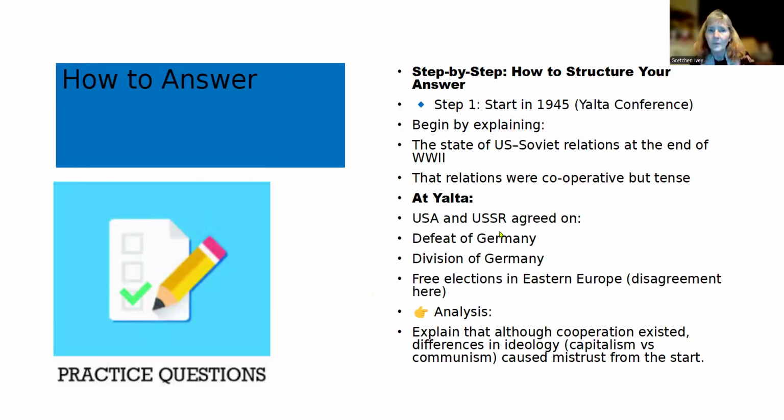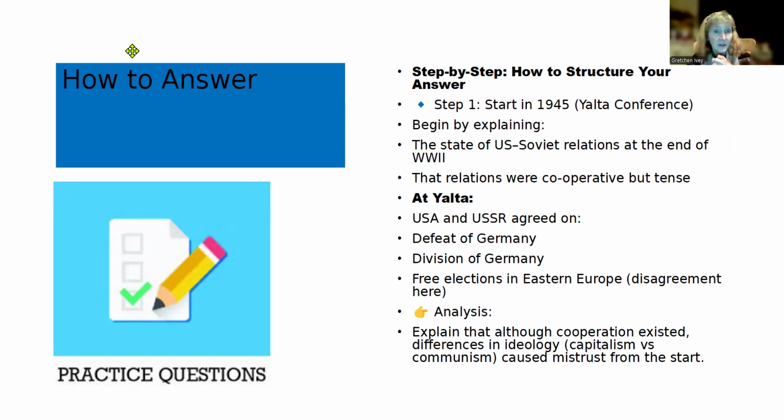So how to answer this? Step one, start in 1945 with the Yalta Conference. Begin by explaining the state of U.S.-Soviet relations at the end of World War II. That relations were cooperative but tense.